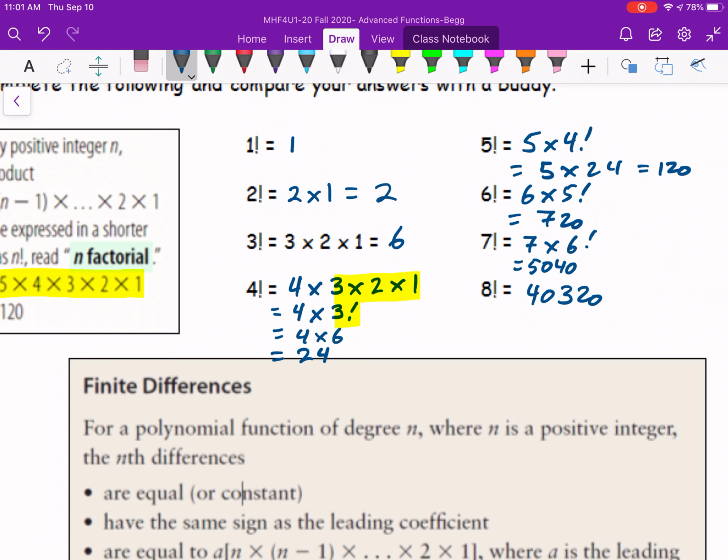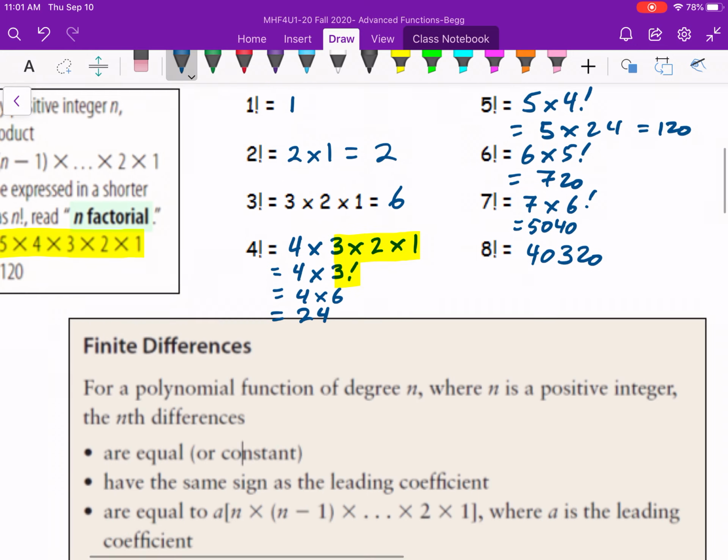I don't think I've talked about it in the lessons, but you're going to have factorial buttons somewhere on your scientific calculator. Most people will have it as an actual dedicated button. For some people, it will be a second function above a different button. And for a very few calculators, you might have to go to a menu to find it. But every scientific calculator will have a factorial button.